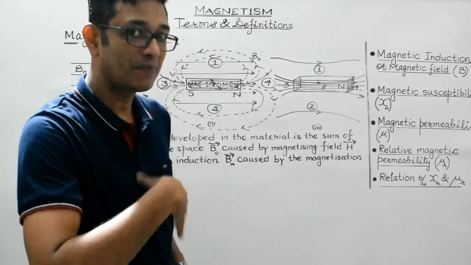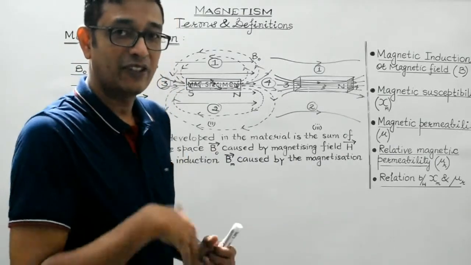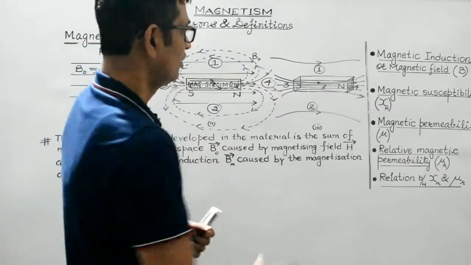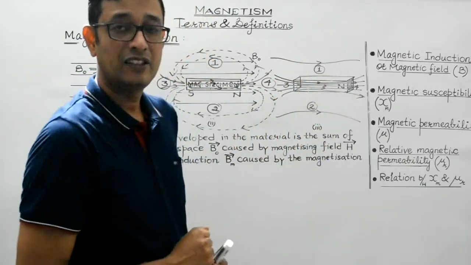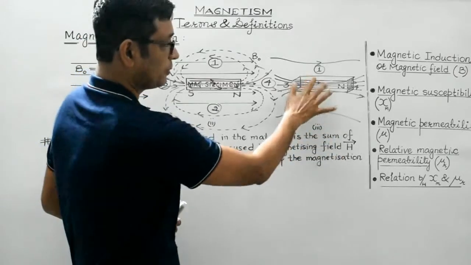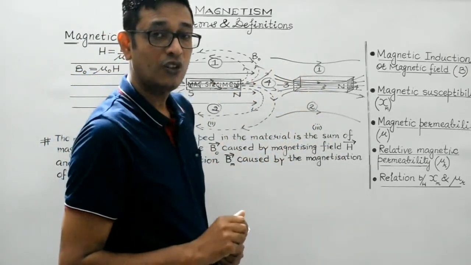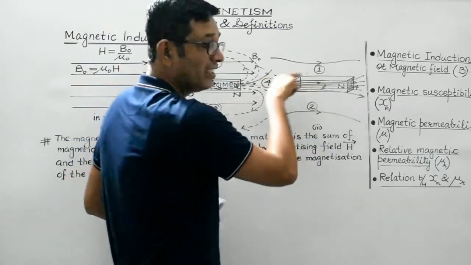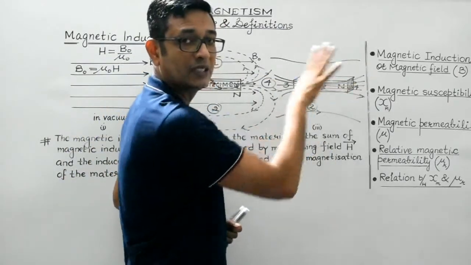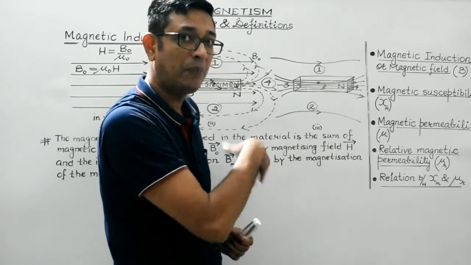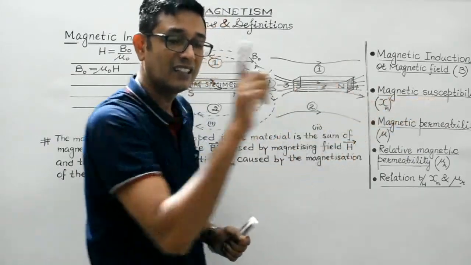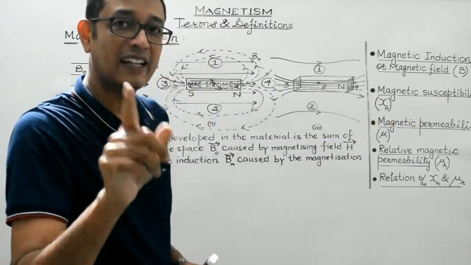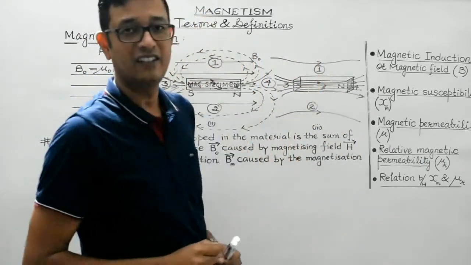The specimen gets magnetized, isn't it? It develops its own magnetic field lines. So these are the magnetic field lines. Now, once this specimen gets magnetized, the total number of magnetic field lines inside the material of this specimen crossing per unit area normally gives the measure of the magnetic induction inside the material.